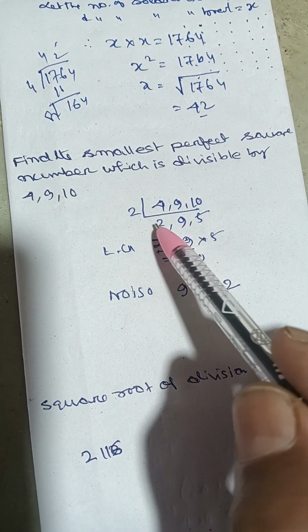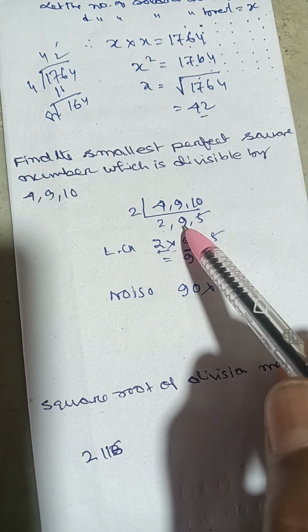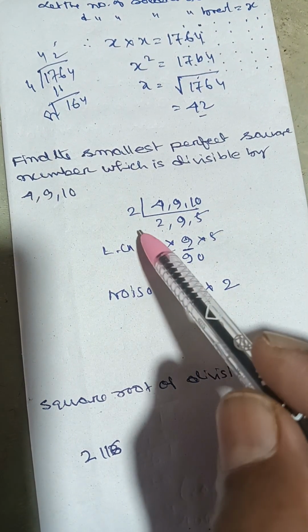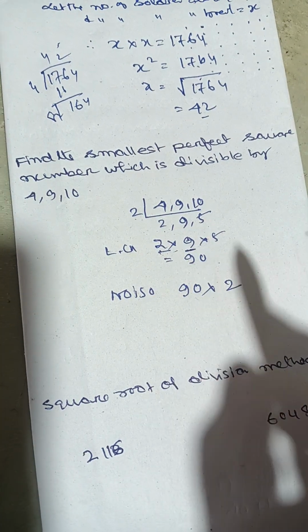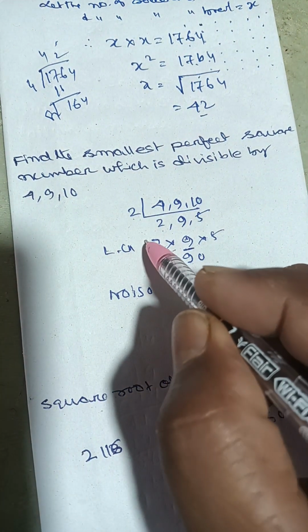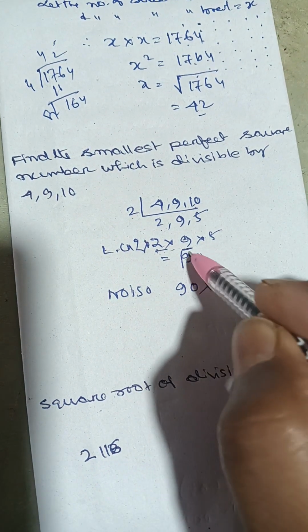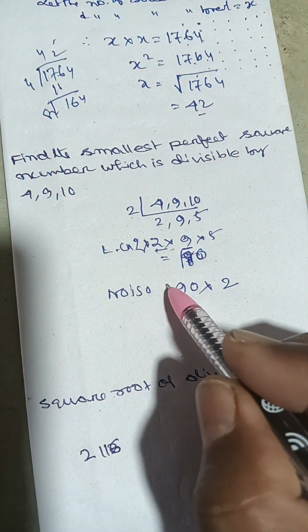Here I have divided the number by 2. 4 gives 2, 9 is not divisible, so keep it the same. 10 can be divided by 2 giving 5, so the LCM will be 2 into 2 into 9 into 5. You write 2 into 2 into 9 into 5, and the answer will be 180. This is 180, I have written here.